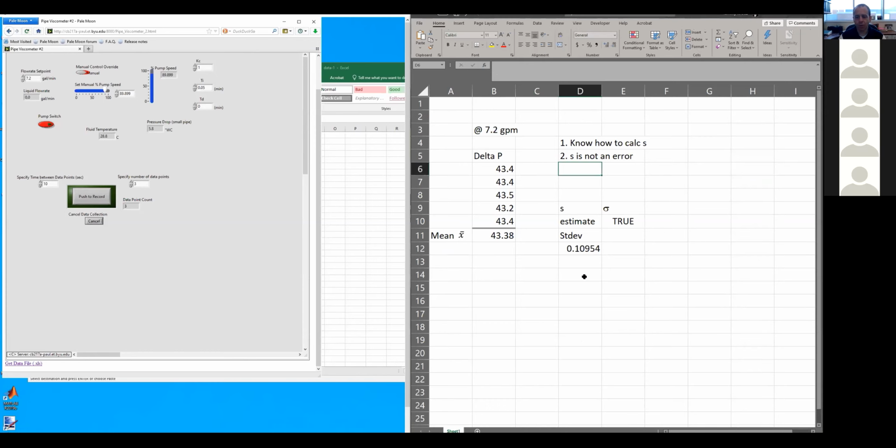Okay, so what do I want to use for my error? There's 2 answers to that. I can use what's called standard error, which is not common in engineering, or I can use a confidence interval. Standard error is related to confidence interval.